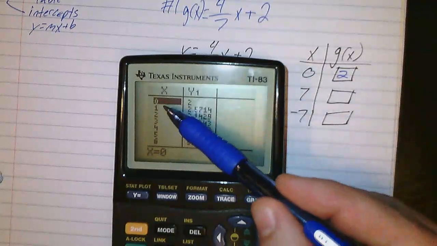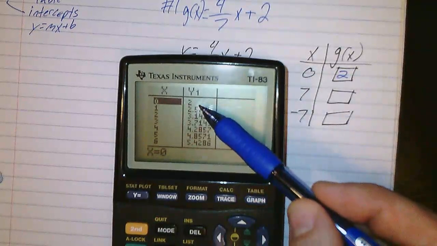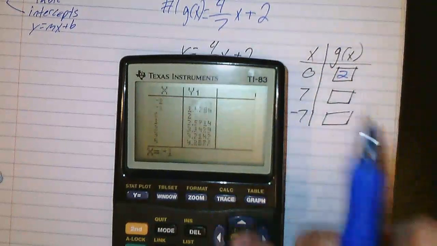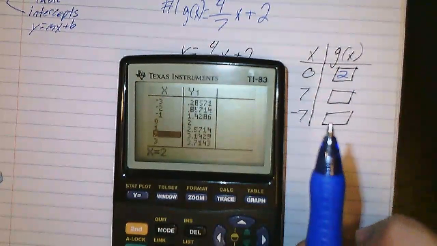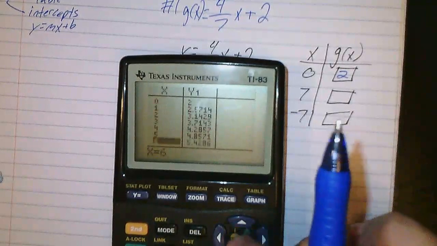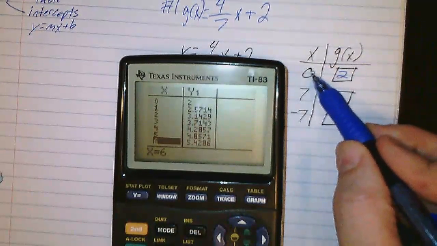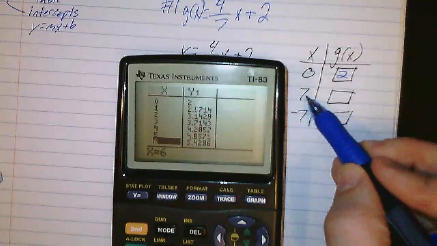But look at the values we want to evaluate. When x is 0, y is 2. So we move our cursor up and down the x column here. You might need to move your cursor around to find, at first, 0, and then we're going to see what is the y value when x is 7.